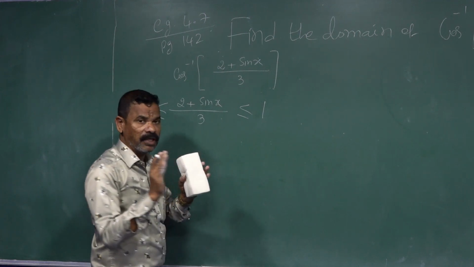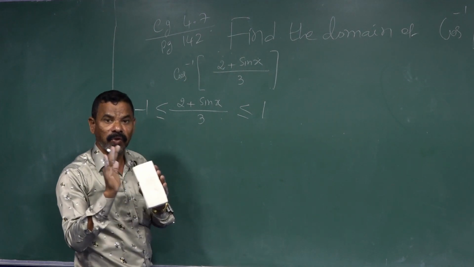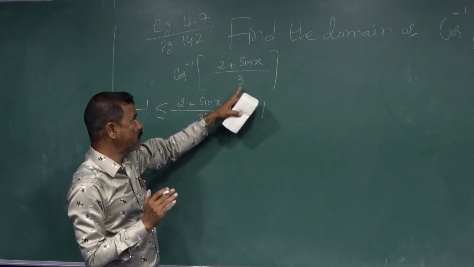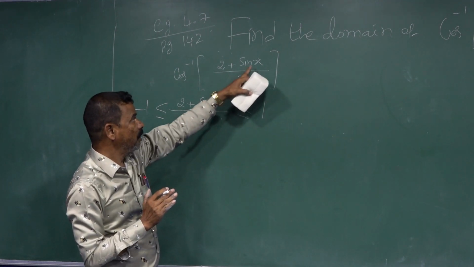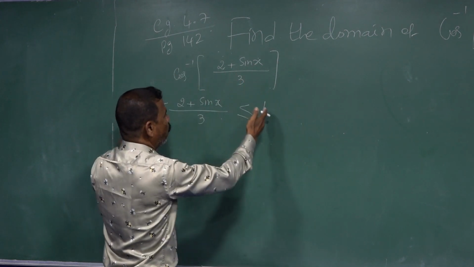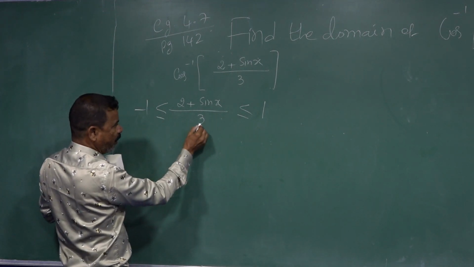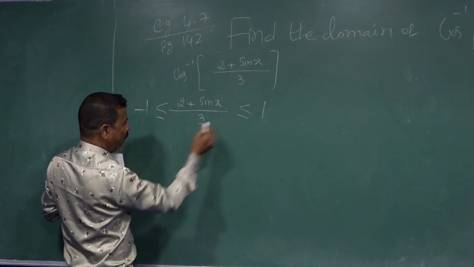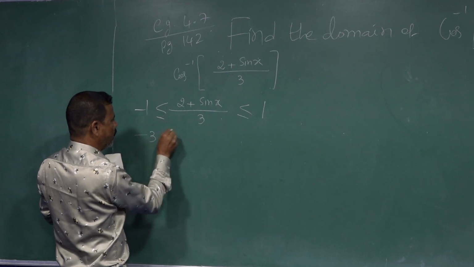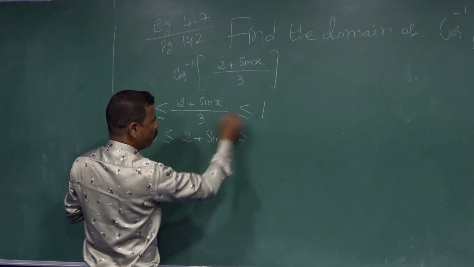Anyhow, the cos inverse x value lies between 0 to π. But for this domain, how much is x asking? This value lies between minus 1 to 1. First we consider this. Next, from here, multiply both sides by 3. 3 into minus 1 is minus 3, so minus 3 is less than or equal to 2 plus sin x, which is less than or equal to 3 into 1, that is 3.